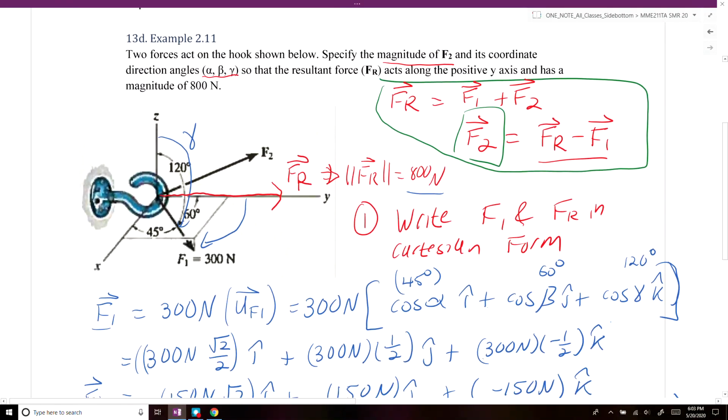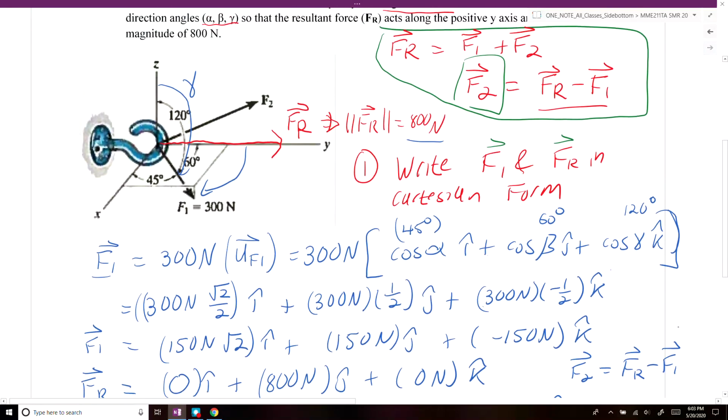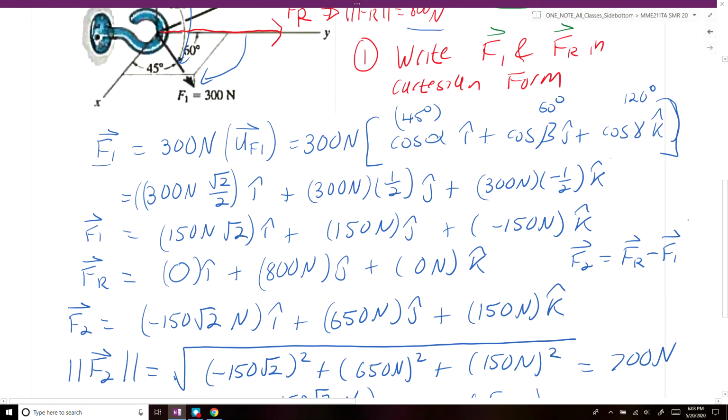In order to subtract force 1 from force Fr, we needed to write both force 1 and force Fr in Cartesian form. So using the coordinate direction angles, we were able to solve for the x, y, and z components of force 1.